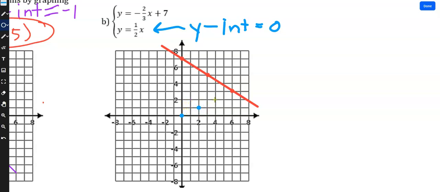Up 1, over 2. Just following the pattern until, hey, look, it looks like the line runs into it. So we know the answer here is the coordinate 6, 3.